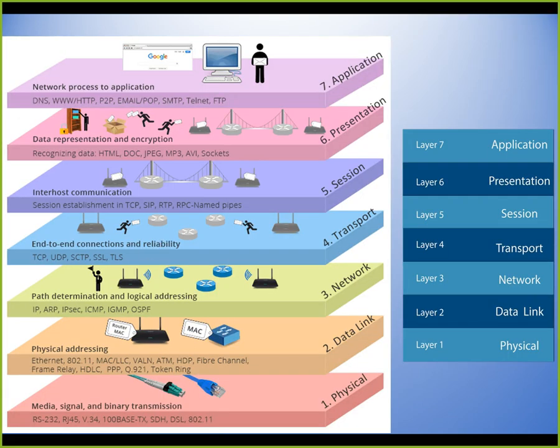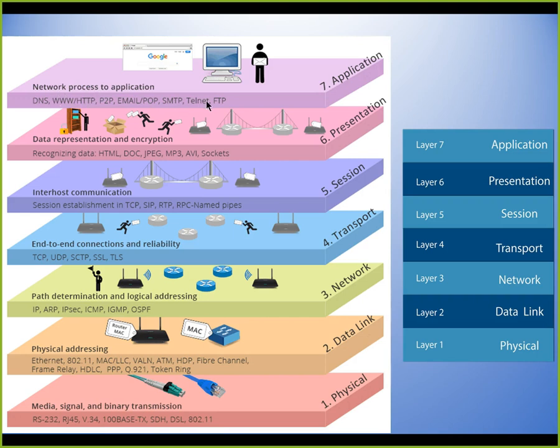This is a summary of what goes on at each layer of the OSI model. Layer 1, physical, just like in the video, physical, data link, network, transport, session, presentation, application. The one on the left gives an idea of what it does and what runs there.